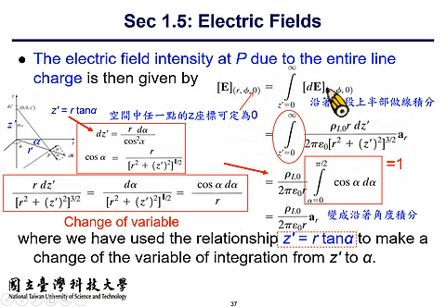And because we already separate this infinitely long line into infinite number of pair of sections above and below the horizon, the integration can be carried out from z prime equals 0 to infinity.